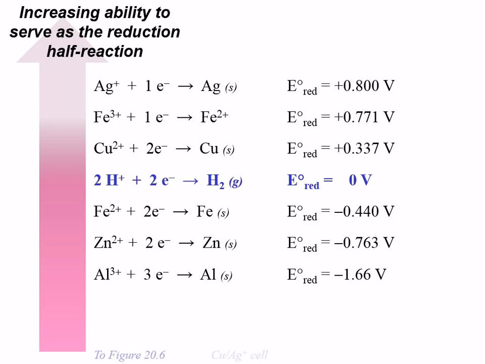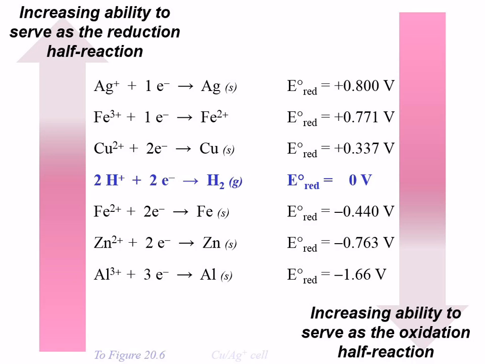As you go down, they make the strongest oxidation half cells. For something that's being oxidized, what you're going to see us do is pivot around the reaction arrow and change the sign of the E0 half cell potential.